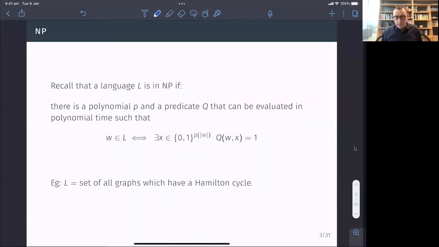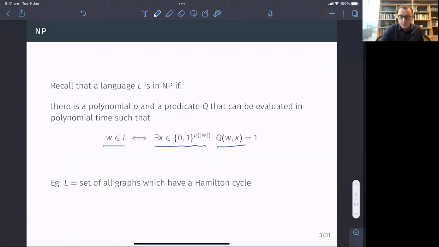So as I said, it may not be what you're used to. So let's have a look at an example. The set of all graphs which have a Hamilton cycle, it's a language, and it's in NP, you probably know. And the way we would use this definition is to say, well, given an instance of a graph, it's going to be in the language if you can find a linear size path, which you can then verify that it visits every vertex.